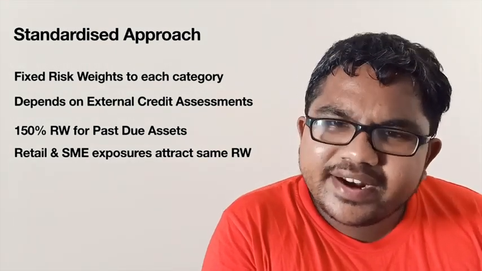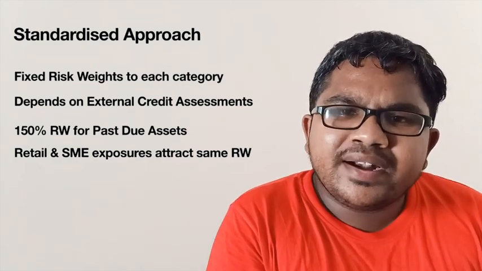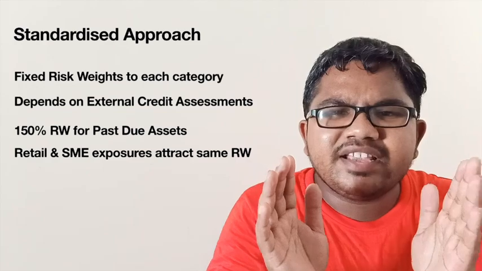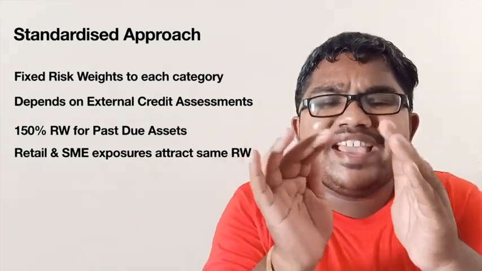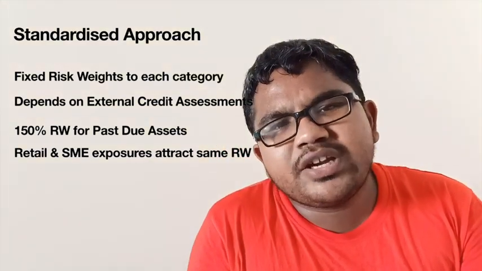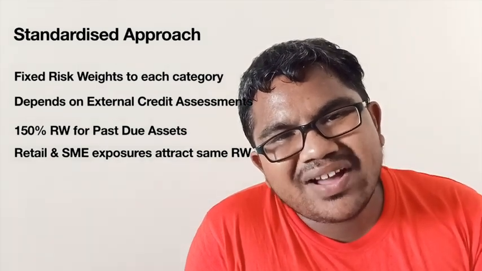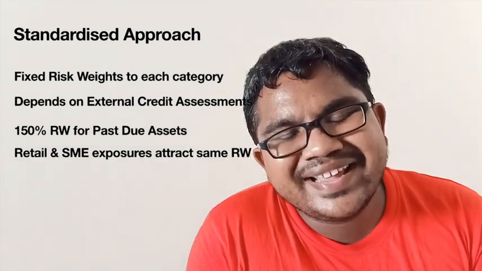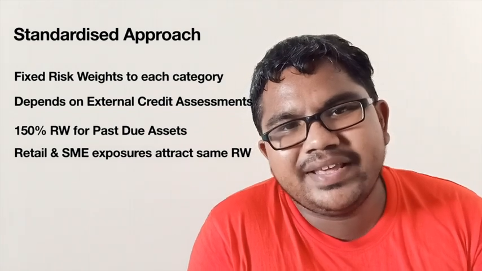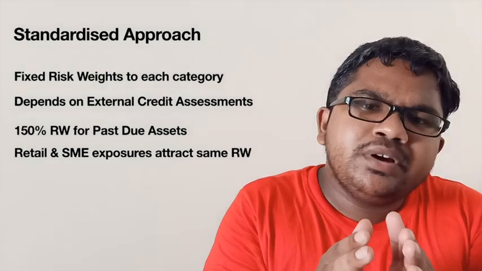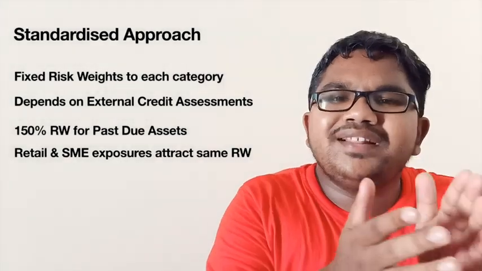And the entire retail segment can be assigned the same risk weight irrespective of the type of loan. For example, the vehicle loan as well as the housing loan both carry a risk weight of 75% only, even though the risk differs from one type of loan to another.